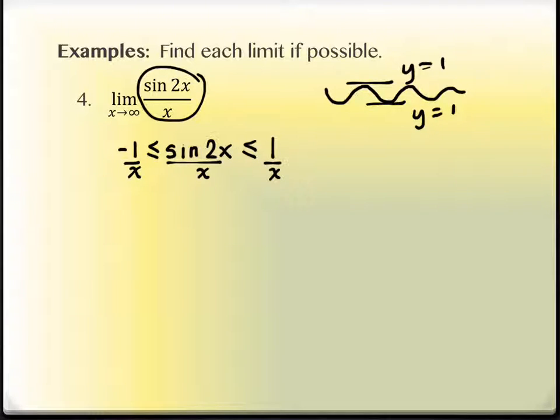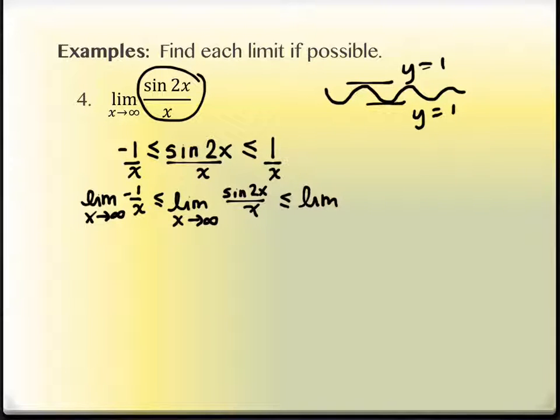And then again, we're going to do the same thing by using the limit. So we're going to introduce the limit on each piece. This is the limit as x approaches infinity of -1 over x, which is less than or equal to the limit as x approaches infinity of sine of 2x over x, which is less than or equal to the limit as x approaches infinity of 1 over x.